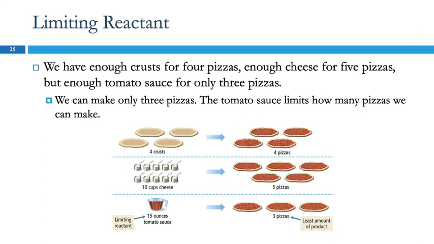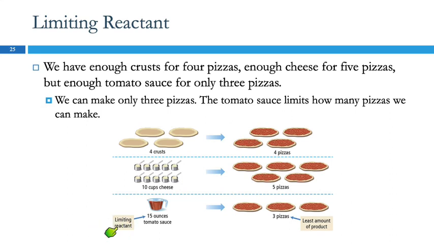Here's the same idea in pictures. 4 crusts, you can make 4 pizzas. 10 cups of cheese, you can make 5 pizzas. 15 ounces of tomato sauce, we can make 3 pizzas. What we're doing is looking at the number of pizzas and finding the smallest number. Because when we get to the smallest number, that means we ran out of something, production stops.